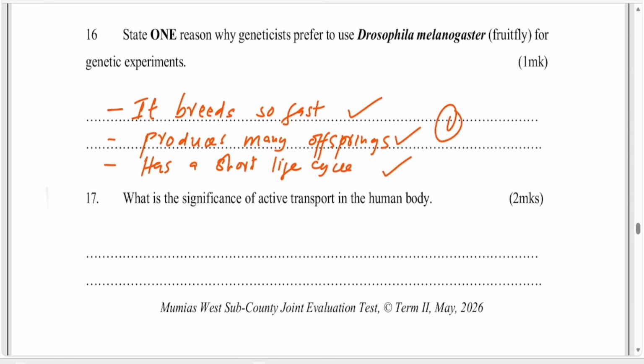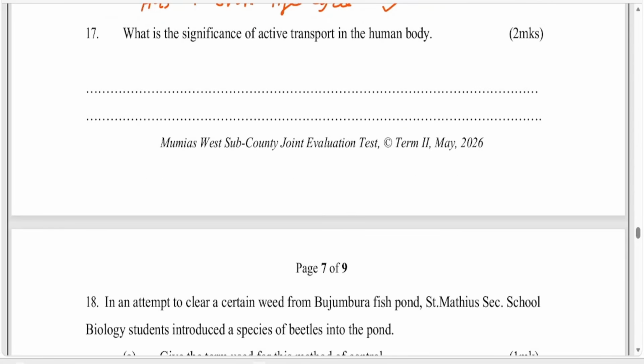Moving to question number 17. What is the significance of active transport in the human body? Significance is the importance of. Active transport is where materials move against the concentration gradient by use of energy. It helps in absorption of digested food materials from the digestive tract to the bloodstream.